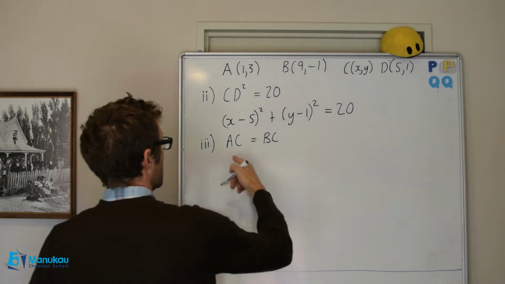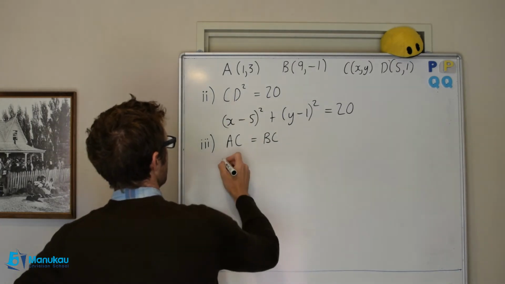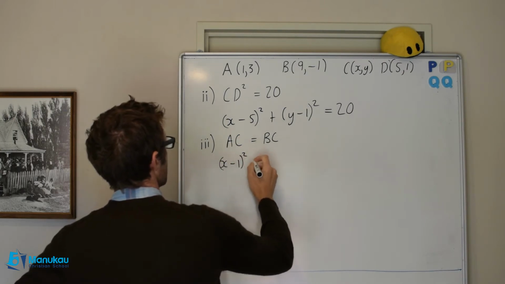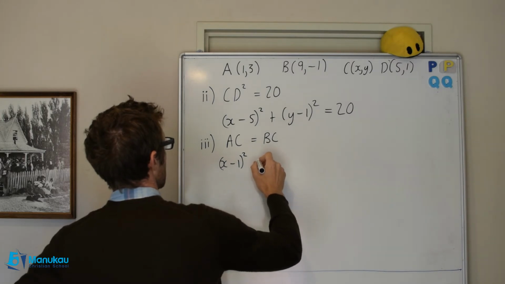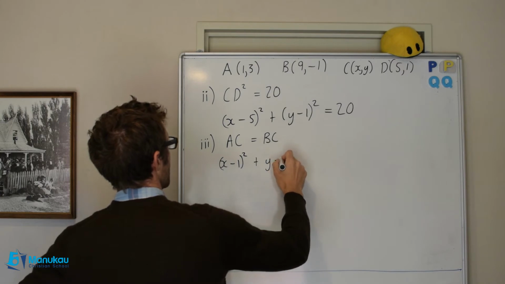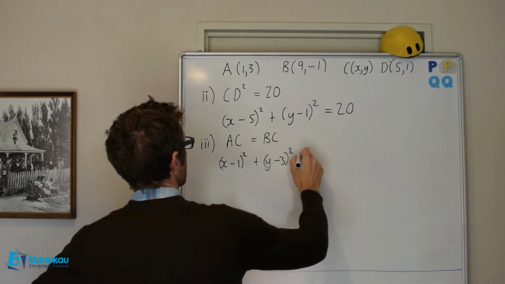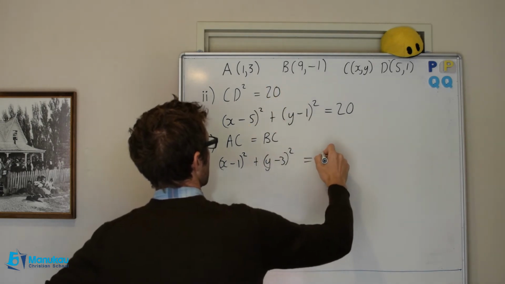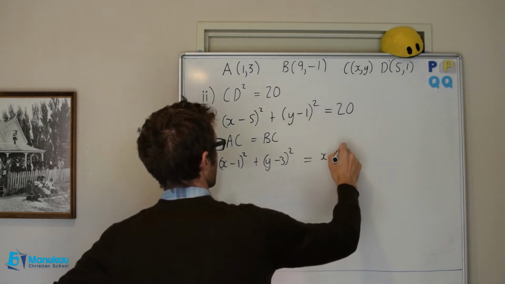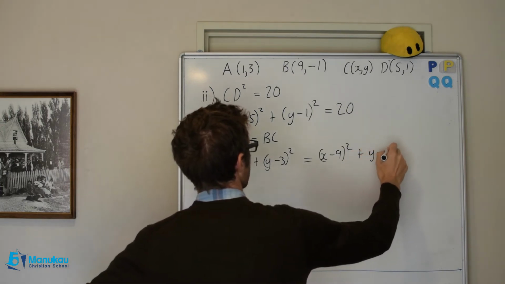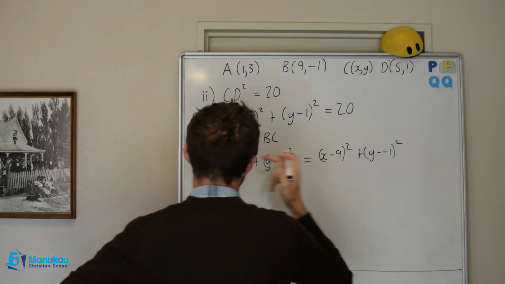So here AC is going to be, we will do (x minus 1) all squared plus (y minus 3) all squared is going to equal BC, (x minus 9) all squared plus (y minus 1) all squared.